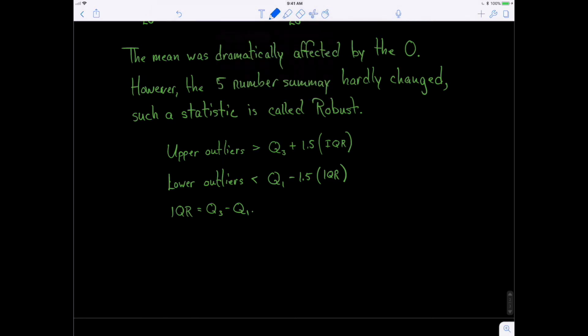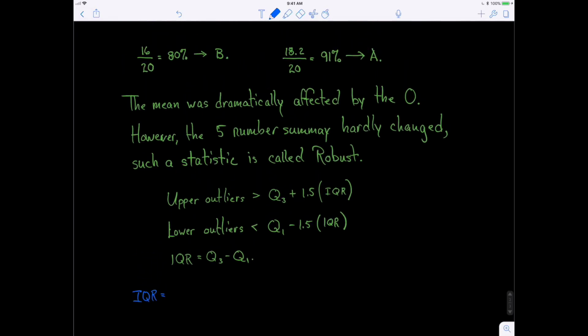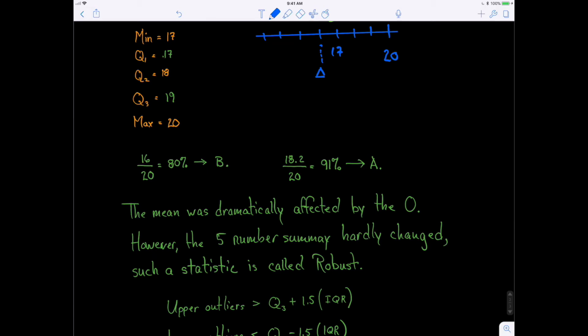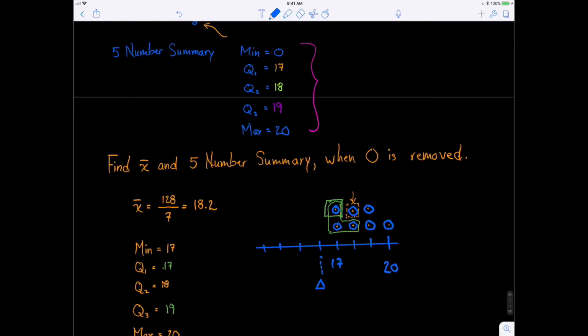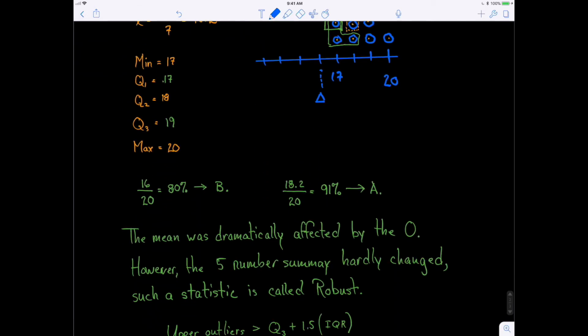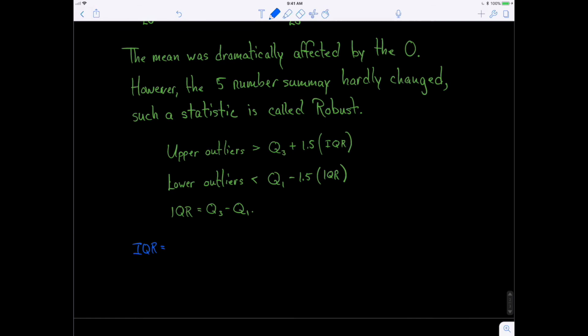So go back to our blue, and I'm going to start with my IQR because I actually need that one first. So if we look back up above, for the original data set, our Q3 was 19 and Q1 was 17. So we go 19 minus 17, so that's 2.